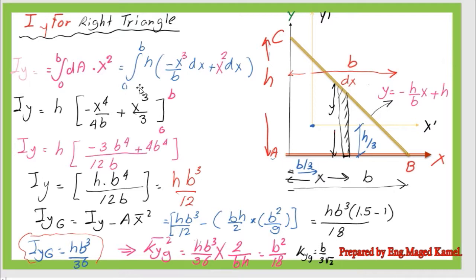After the integration, the integration of minus x cubed over b is minus x to the 4 divided by 4b, and the integration of x squared dx is x cubed over 3.